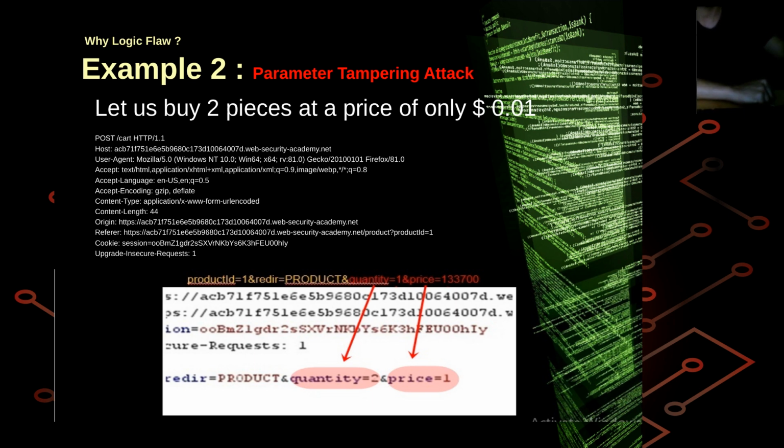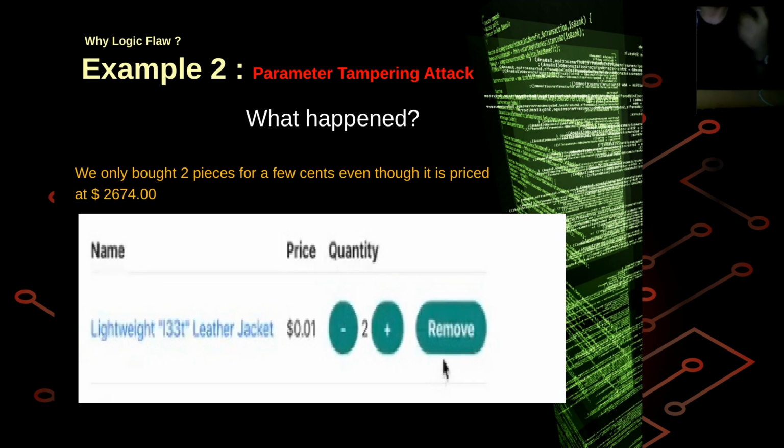This means that we want to buy 2 jackets for a few cents. As you can see, the price is 1. What happened? We succeeded in buying two jackets for a few cents. So let's do this in our lab.